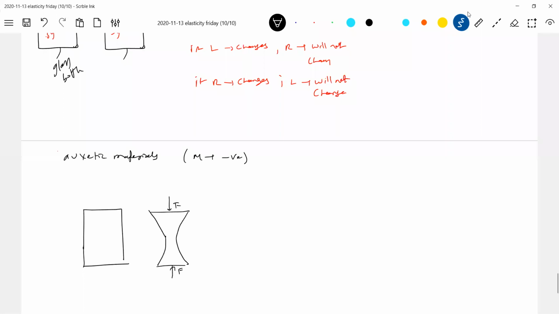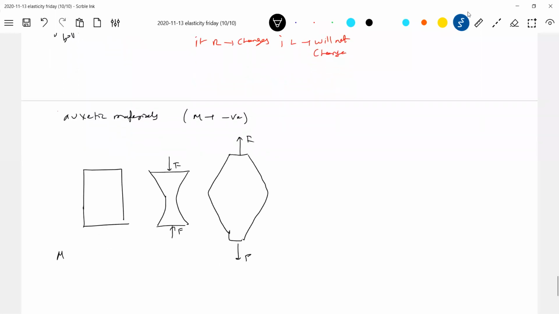Next, if you stretch it, L increases, R increases. So what about mu negative?